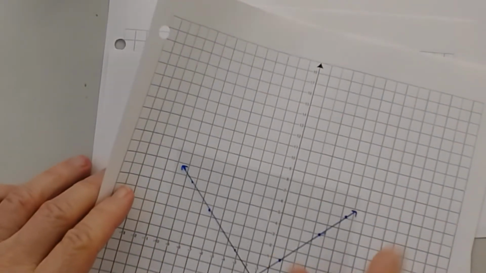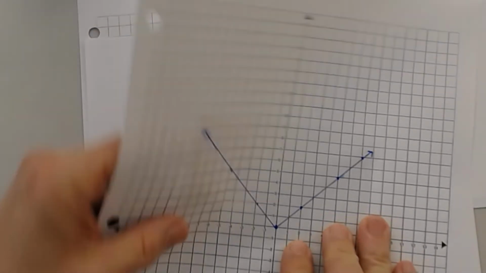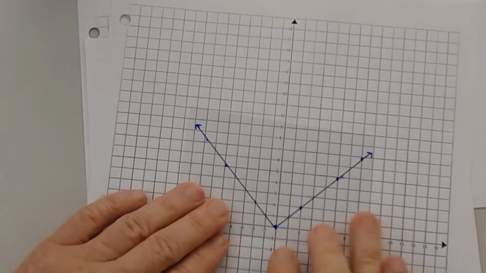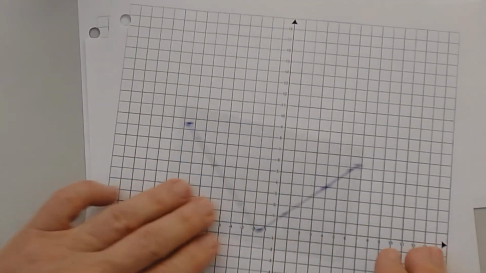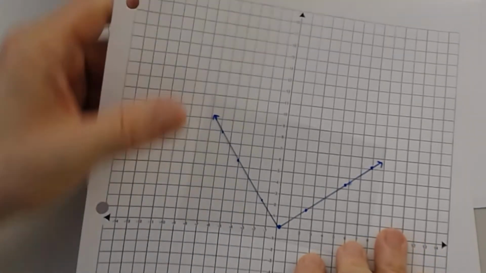And basically what's going to happen is that if this is your parent function right here, to get this one, I know it's horizontal, and I see a 6. So either move it to the right 6 or to the left 6. Which way? To the right 6. Because you think counterintuitive, right?